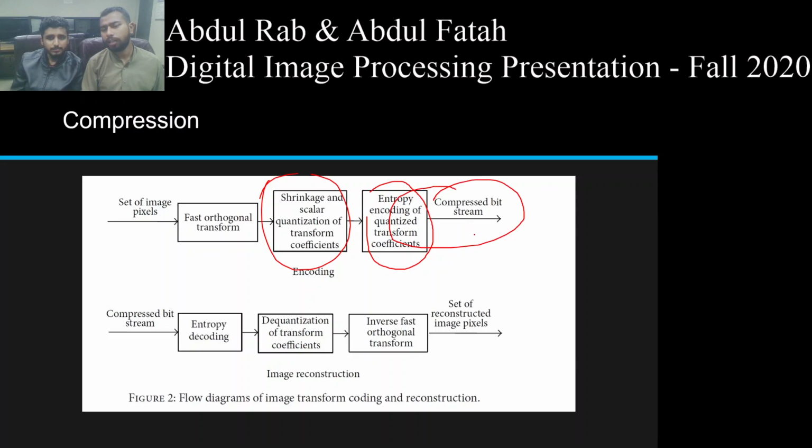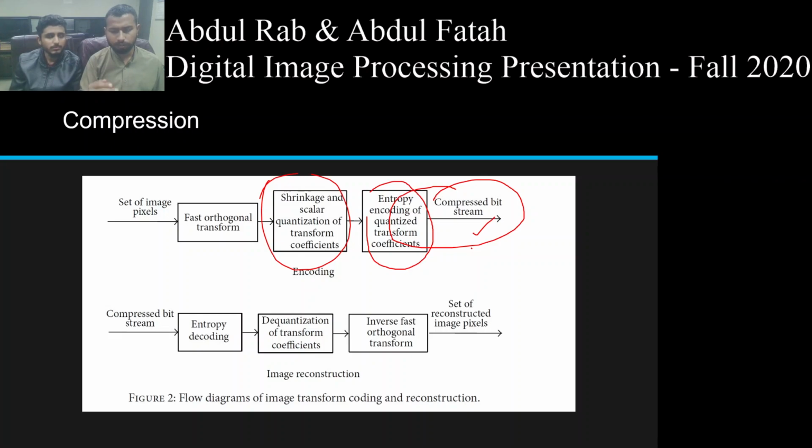Now we see that the image is ready to be sent, and the picture has been compressed. So now it will take very little storage, so we can send it anywhere as per our application or consignment.